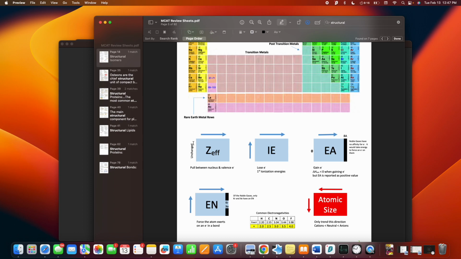So you gotta know the difference between going up and down and going horizontally across the periodic table.